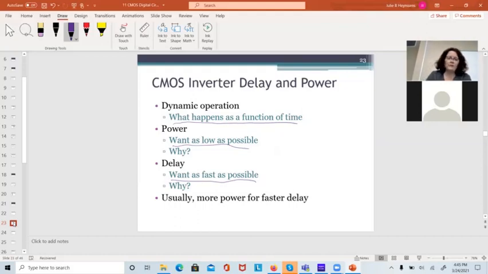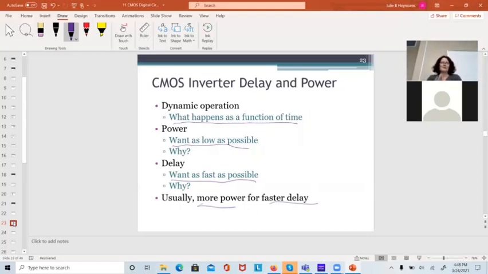So unfortunately, we want both these things. It takes more power to get faster delays. So we got to talk to people. We got to figure out what the spec is for the circuit, how fast they want it to run. Maybe I can find a little trick that will make it run a little bit faster without consuming a lot more power. And it's this constant trade-off and pushing that technology edge.